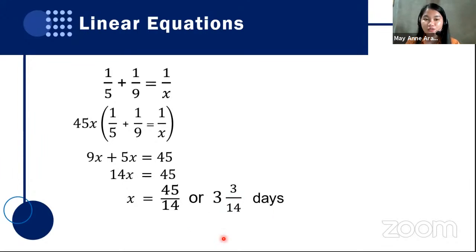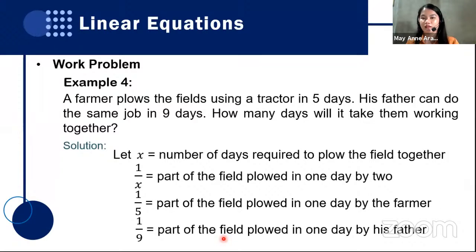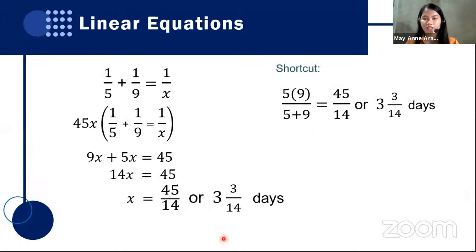Okay. We also have here a shortcut kapag ganito yung type of problem na basta both of them work together. Ang gagawin nyo lang dyan, di ba? 5 days and 9 days. So, denominator, just add the two given number of days, no? And doon naman sa numerator, just get the product of those two numbers.